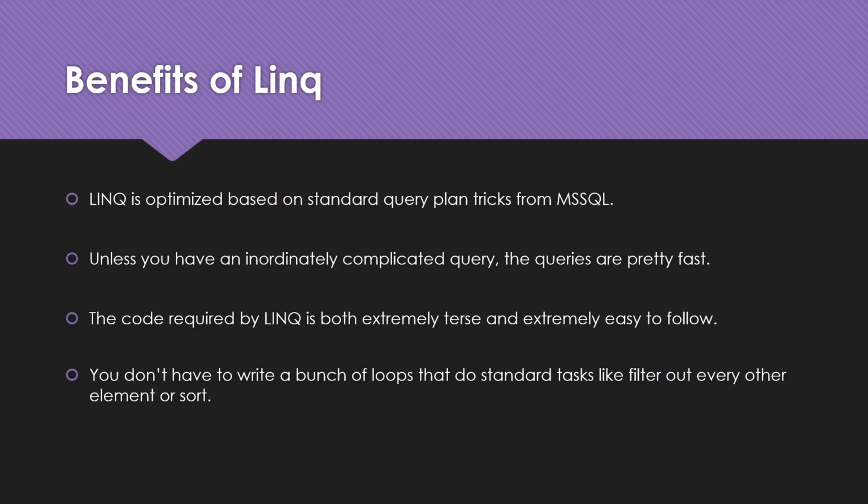What LINQ allows you to do is have the same complexity of code, but have fewer bugs because there's less code to make a mistake in. So this is, again, a very rare situation in software engineering where your code is both terse and also really easy for somebody who didn't write it to follow.